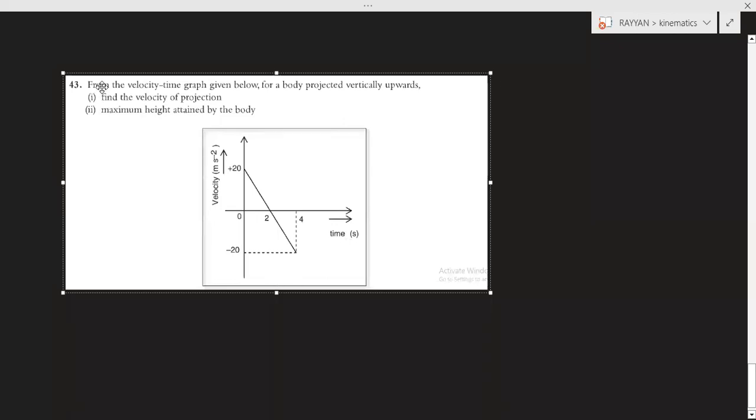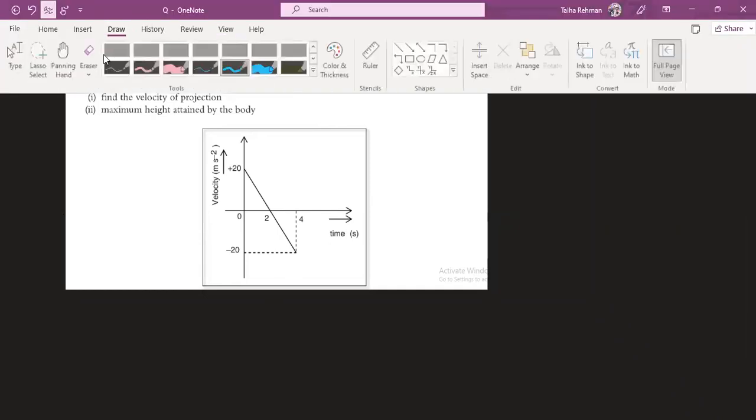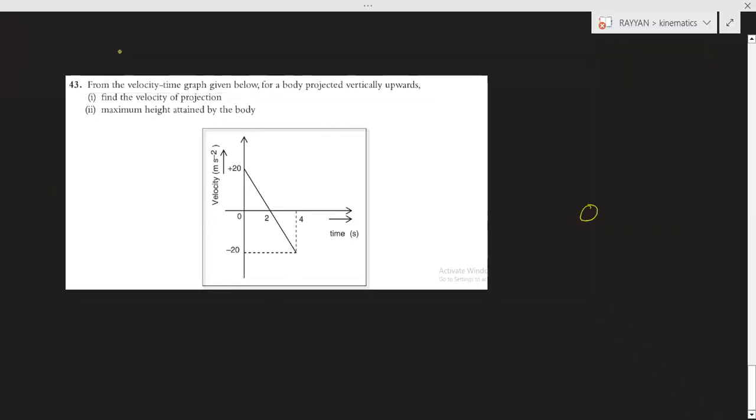In this question, it is given a velocity time graph. From the velocity time graph given below, for a body projected vertically upwards. There is a body and this body is projected upwards.